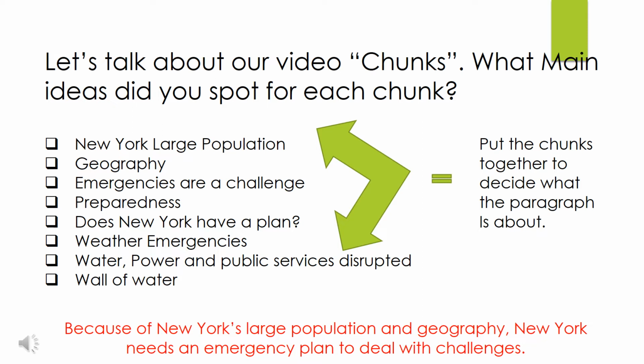If you can answer yes, then you chunked all of the pieces and parts together. If it feels like something's missing, maybe you missed a small piece that would make this make more sense. So again, in chunking, you're taking parts of the video, coming up with a main idea for each individual part, and then putting it all together in one sentence to sum up the overall picture or main idea of the video.